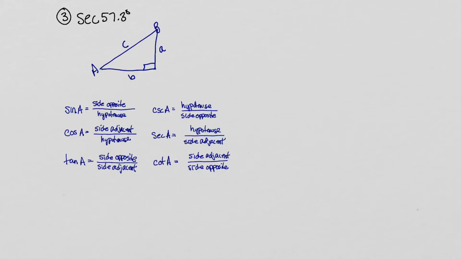Now here's where I'm going to start. I'm going to start with the cosine of angle A, and what we know is that the cosine, here's our definition, is the side adjacent over the hypotenuse.